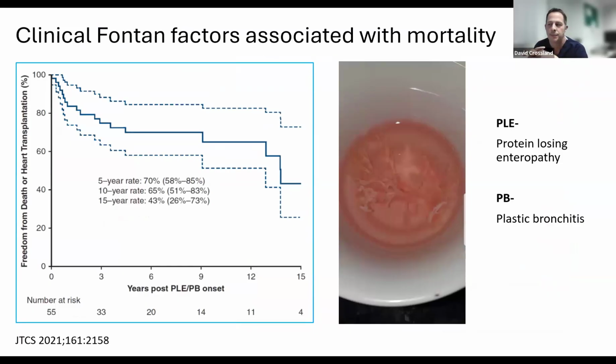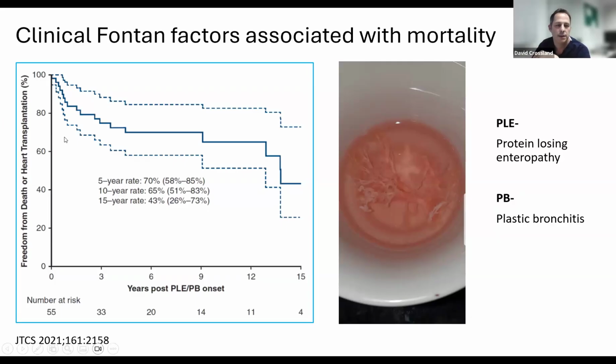This is a photograph of a cast produced by an older teenager with severe plastic bronchitis who presented with life-threatening cyanosis related to airway obstruction. And plastic bronchitis is a recognized form of Fontan failure, as is protein-losing enteropathy. And you can see from this data of 55 patients from the New Zealand Fontan registry that from onset of protein-losing enteropathy or plastic bronchitis, there's a high mortality.